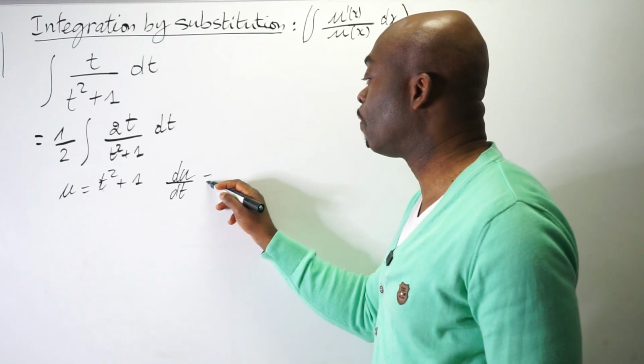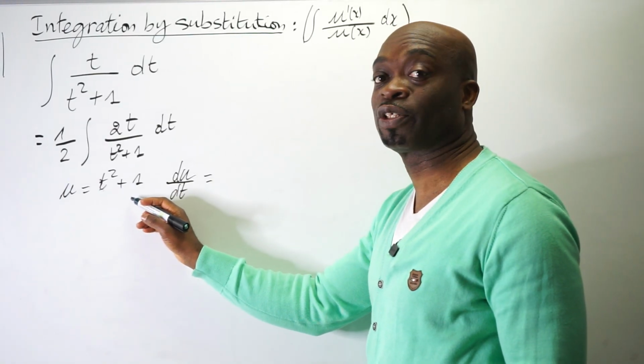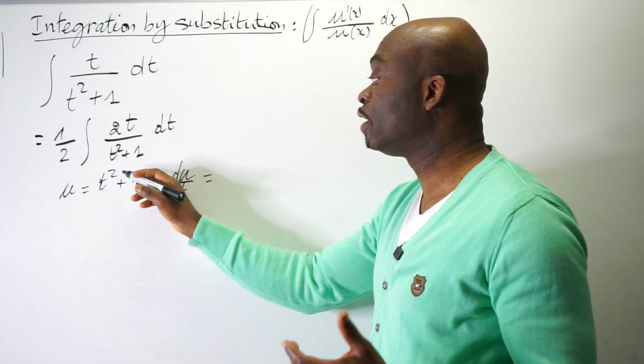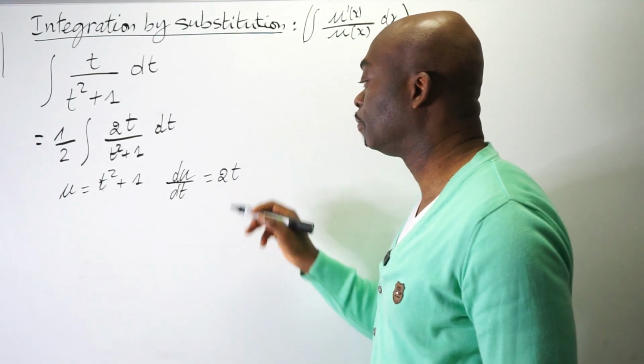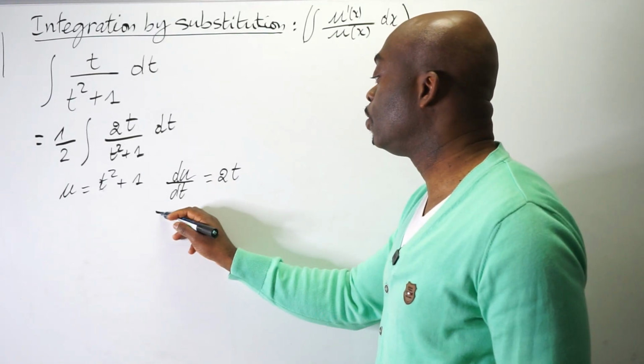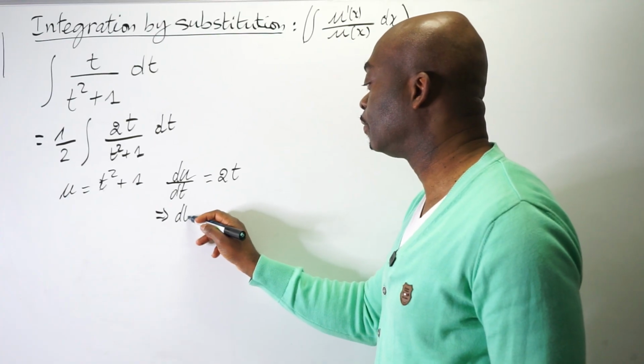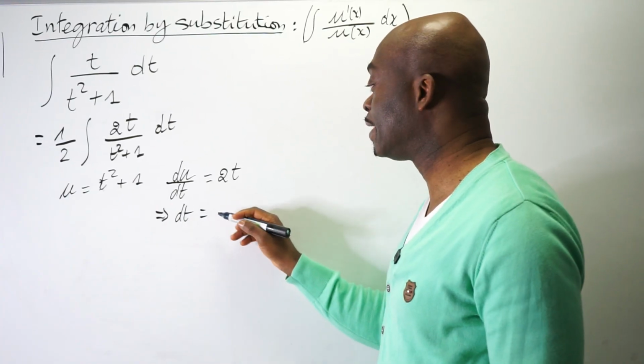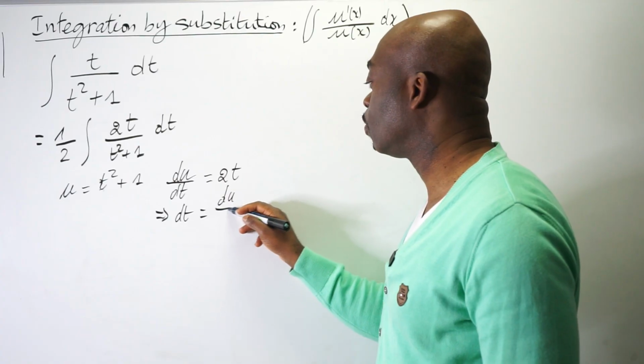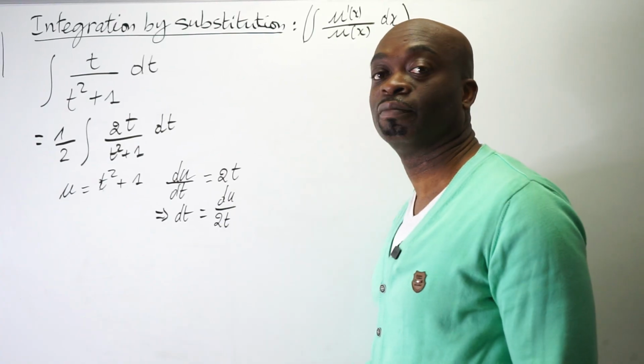T squared plus 1 gives us the derivative 2t, as we said earlier. Now we have to get dt out of it, so dt is going to be du over 2t.